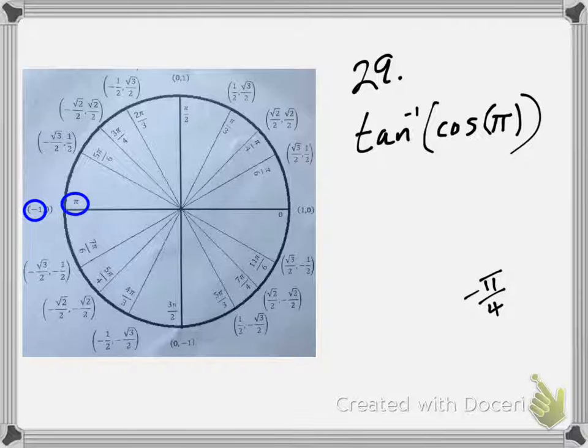Well, that is, like we showed in class, right in here. Because if we take these two numbers, the negative square root of 2 over 2, which is the y value, divided by the x, we get a -1. And we see that we're locating now at 7 pi fourths. But we don't write 7 pi fourths. We actually write -pi fourths would be our answer on that one. Hope this is helpful.